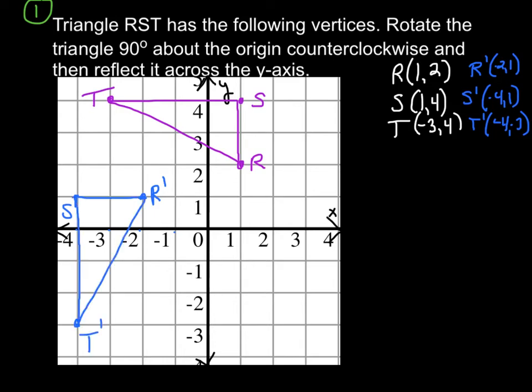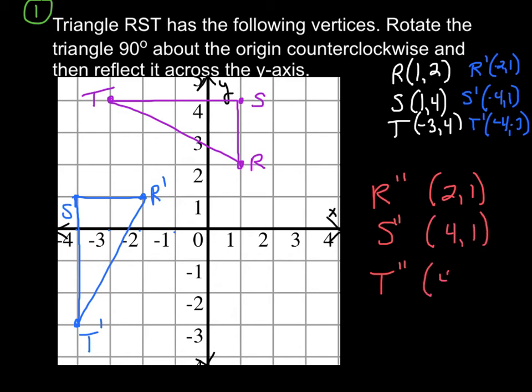Now I'm going to reflect it across the y-axis. So the y-axis becomes my line of reflection. And if I reflect it over the y-axis, remember, the x values change. So R double prime becomes (2, 1). S double prime becomes (4, 1).